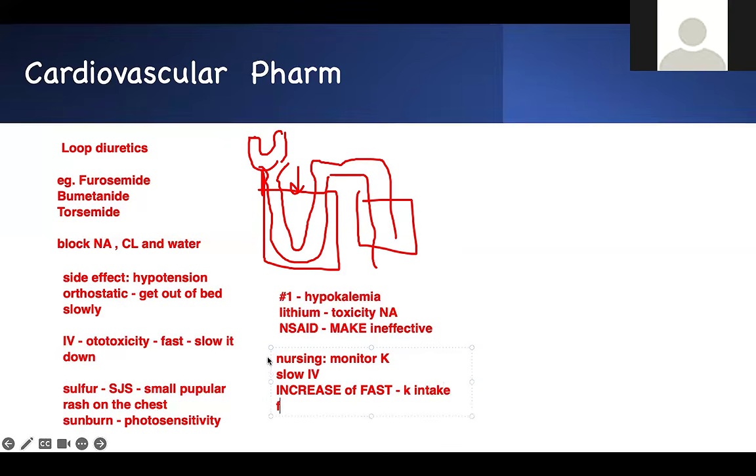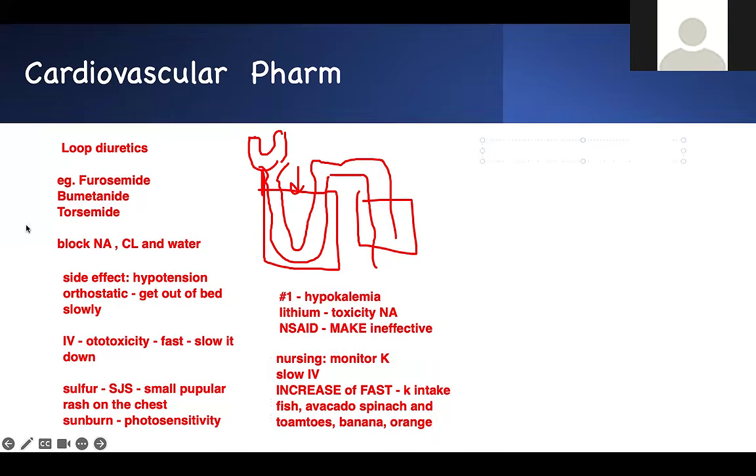Easy way to remember is fish, avocado, spinach, and tomato. Of course, there's banana, there's orange. You tell the patient to eat those. But those are easy ways to know fast. So those are the things you have to know for this medication.